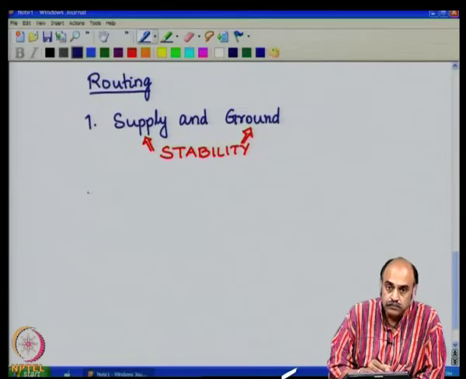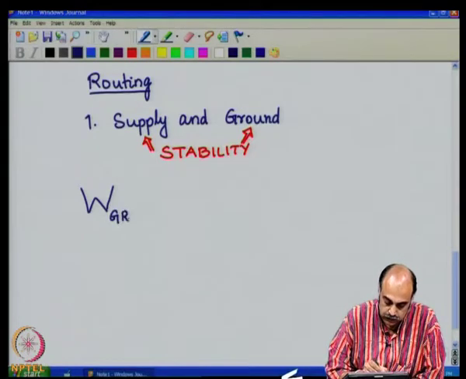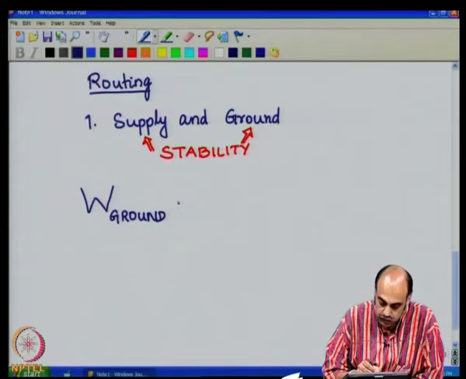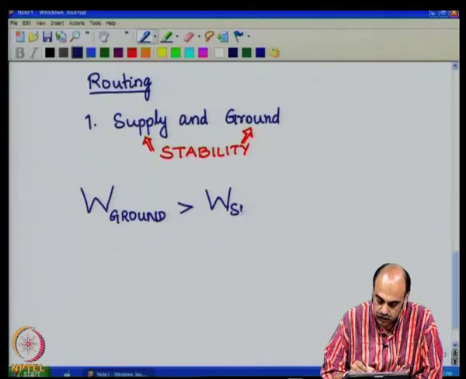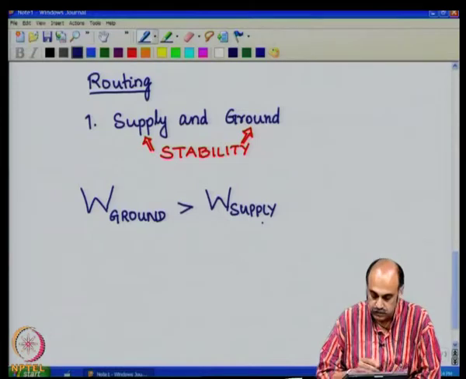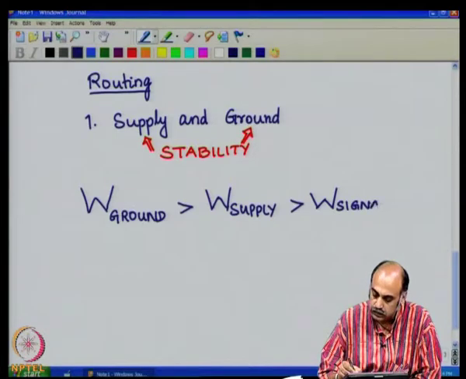One of the generic rules is the width of the ground conductors should be greater than the width of the supply tracks, which of course should be greater than the width of your actual signal tracks.